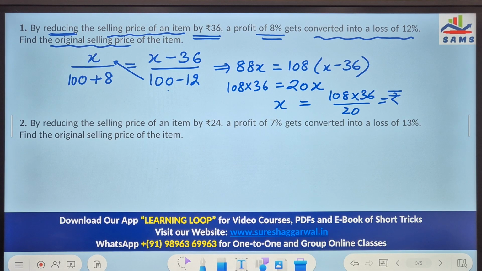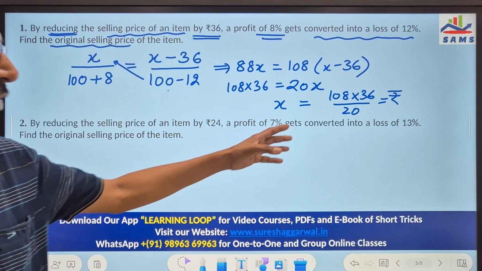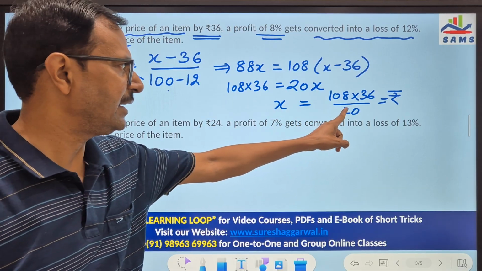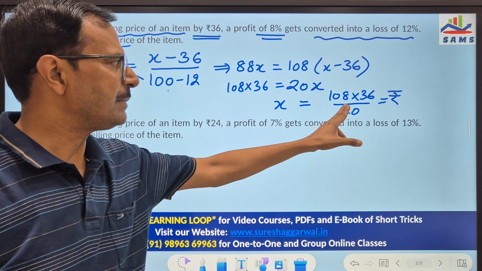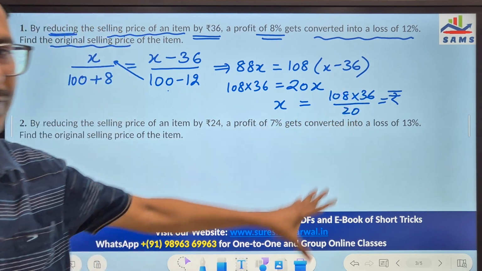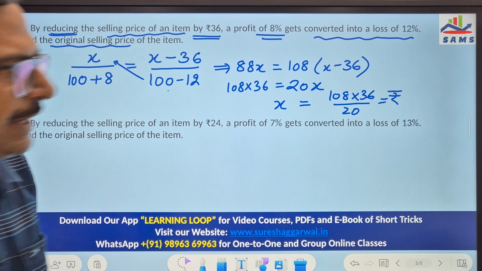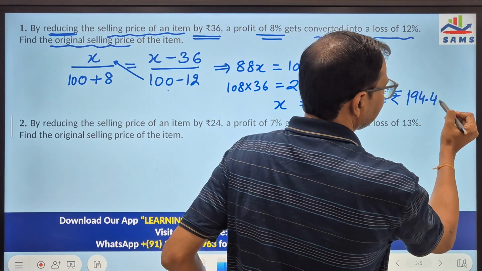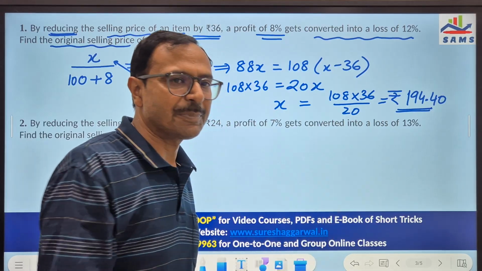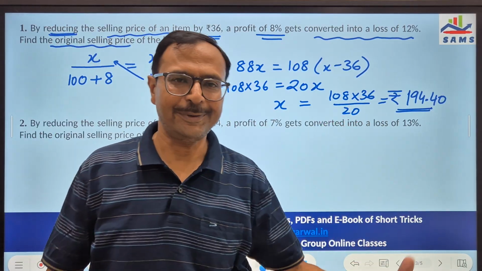So I'll probably leave this for you, but the answer should be less than 200 because I can see this is nearly 5 and a half times. So 36 times 5 and a half will be somewhere around 190, and the exact answer is like 194.40. See, original selling price of the item has been obtained.